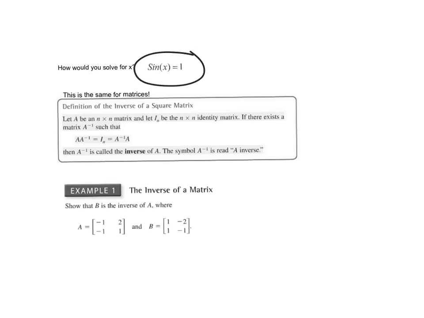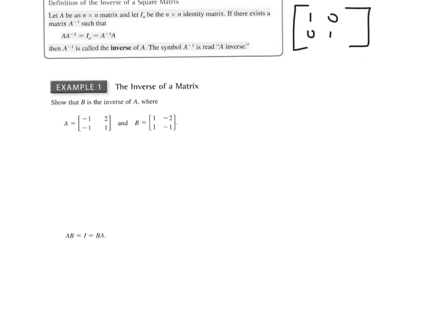You guys know to take the inverse of both sides. Same thing here, okay? The difference is if you end up multiplying a matrix by its inverse, you get the identity matrix. And remember, for a 2x2, which is the only one we're doing for these today, that's 1, 0, 0, 1.